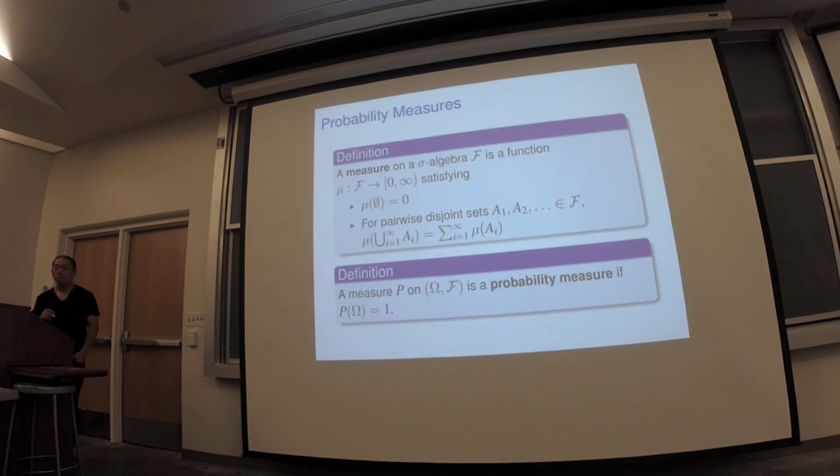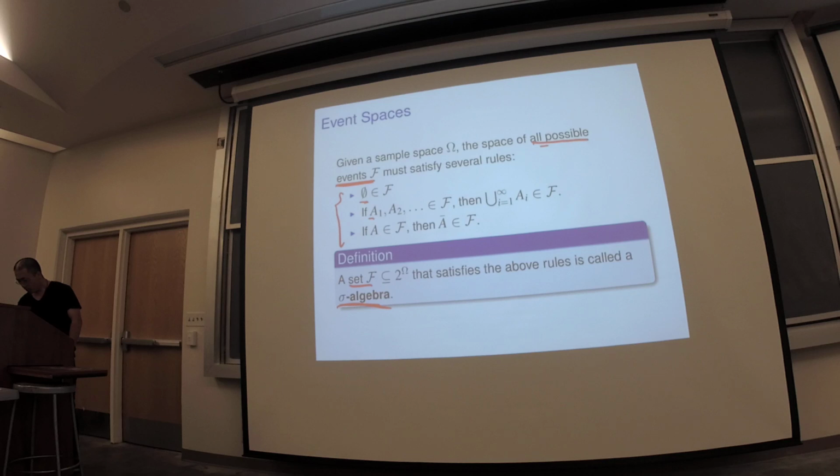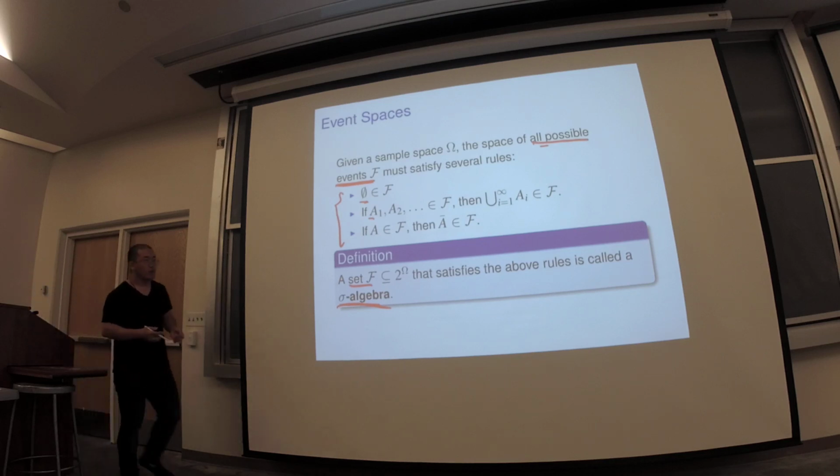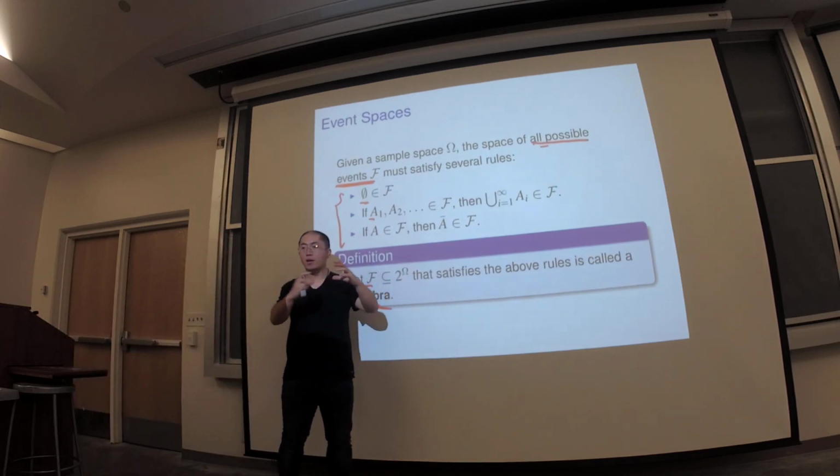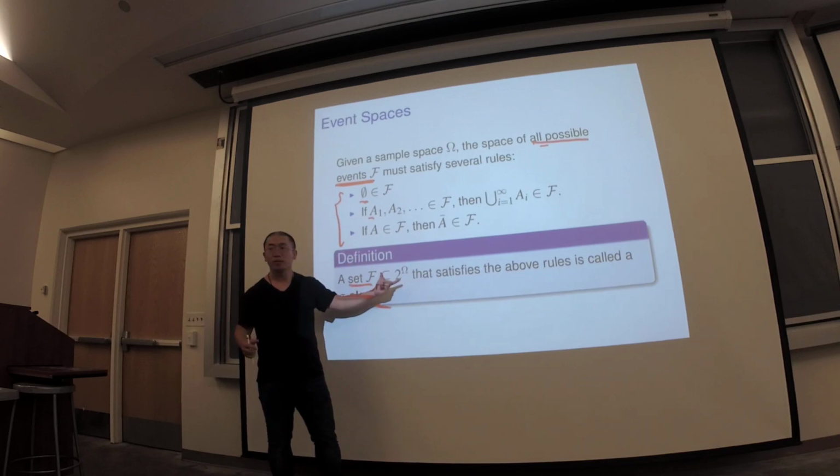What was the 2 to the omega? Oh, 2 to the omega is just the enumeration of all possible sets in omega. Basically, consider I have 10 elements. How can we pick up different sets from omega? You can pick up one element, you can pick 2 elements to form a set. You end up with 2 to the 10 number of sets.